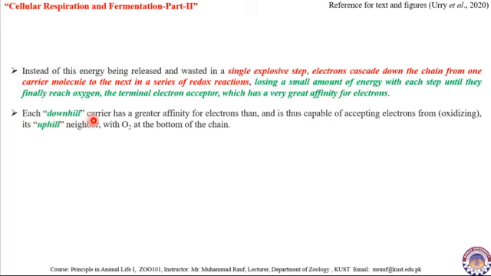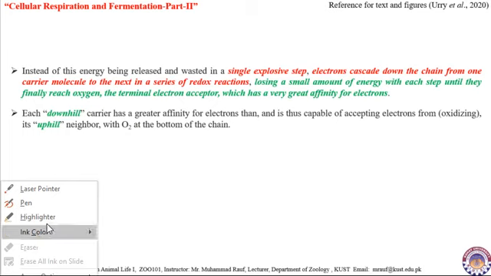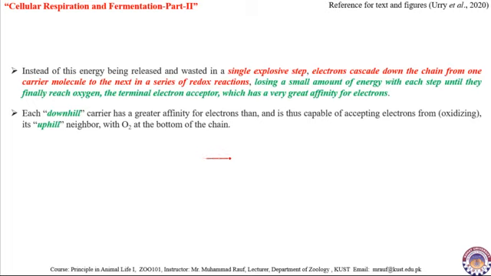Now each downhill carrier has a greater affinity for electrons than its uphill neighbor, and it is thus capable of accepting electrons from, oxidizing, its uphill neighbor, with oxygen at the bottom of the chain. So the electrons in electron transport chain are transferred from one carrier to another carrier to another carrier.